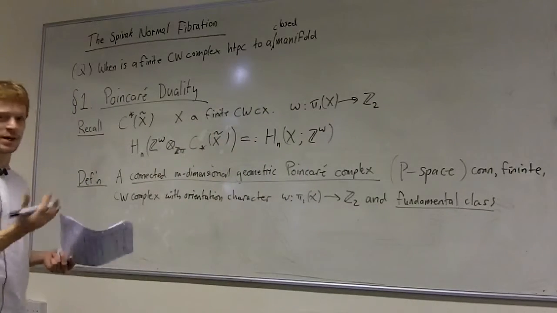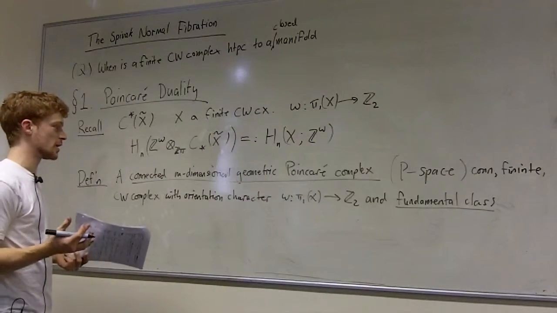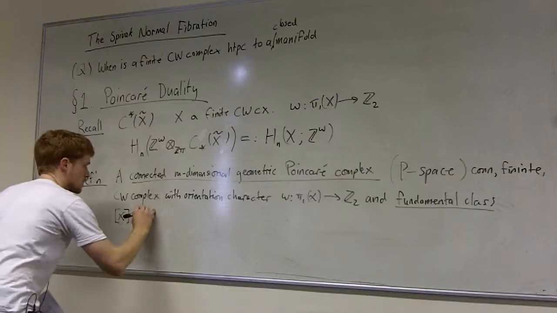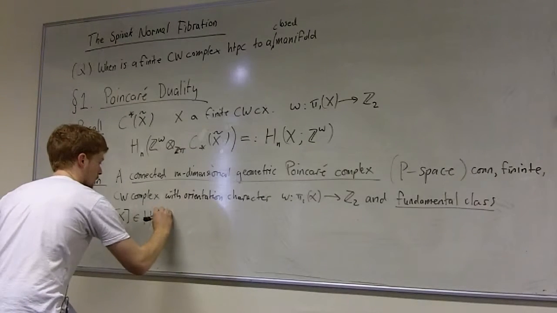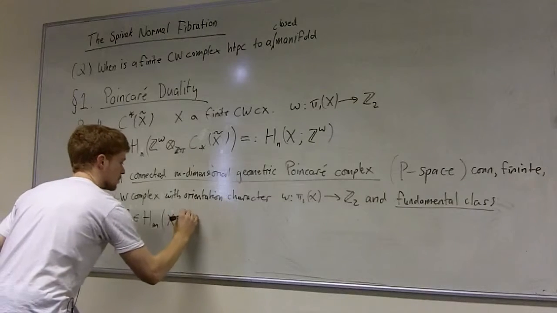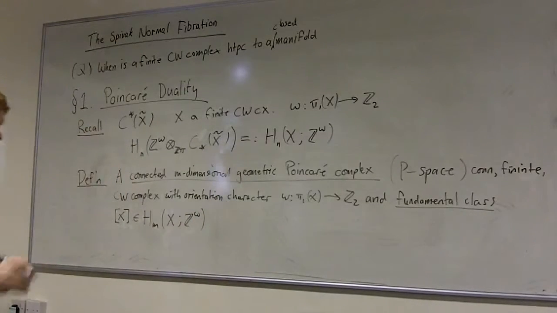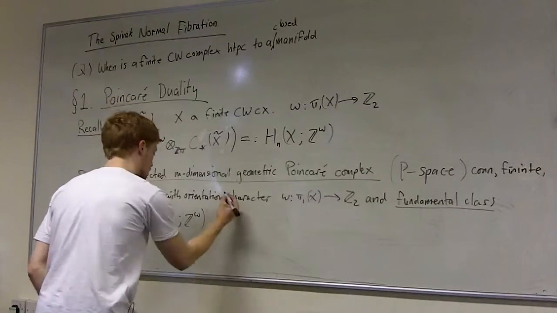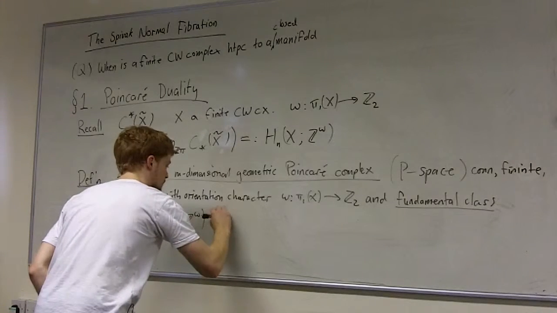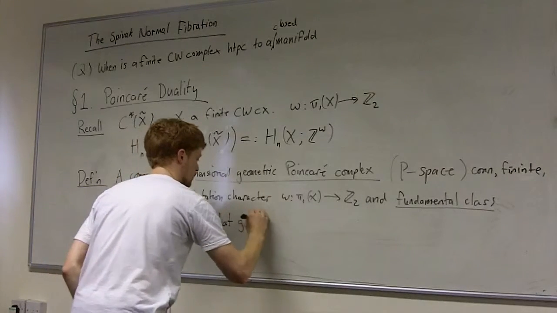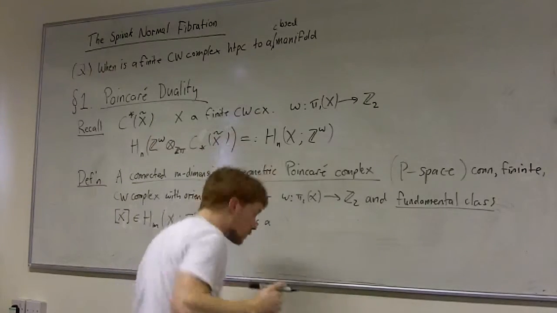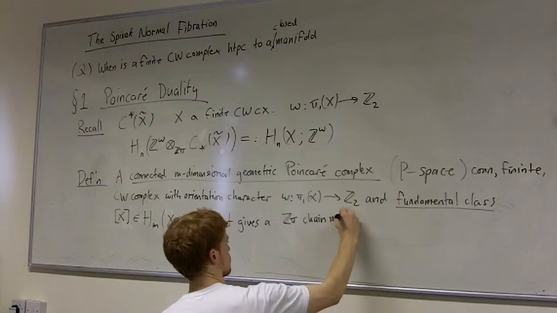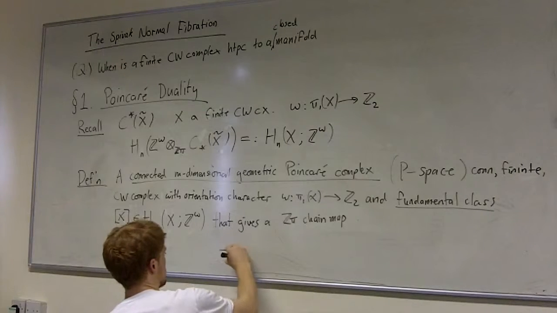This should all be very familiar, as I'm mimicking the properties of Poincare duality in a manifold. The fundamental class is some class in the nth homology of X with twisted coefficients, and the class has to give a Z-pi chain map by capping.